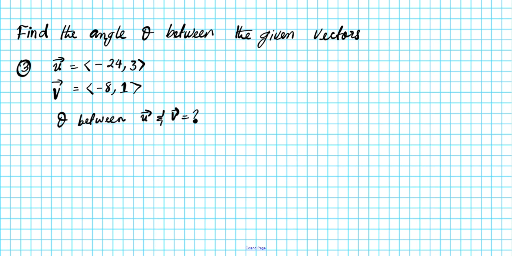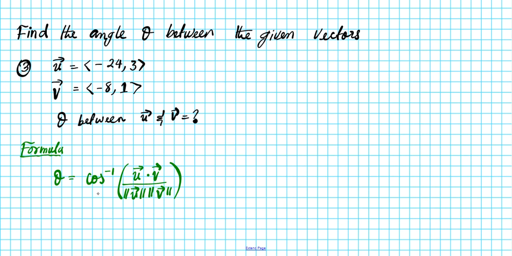So let's take a look at what the formula for finding the angle between two vectors is. Okay, so the formula is theta equals the inverse cosine of the dot product of the two vectors divided by the product of the magnitudes of the two vectors.